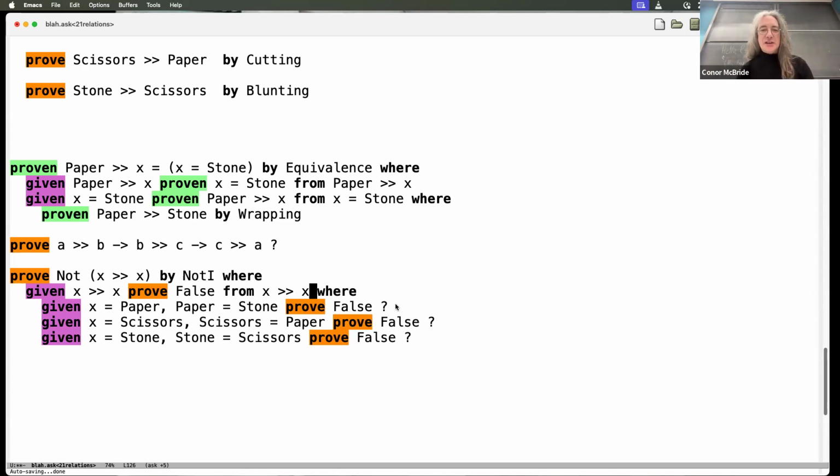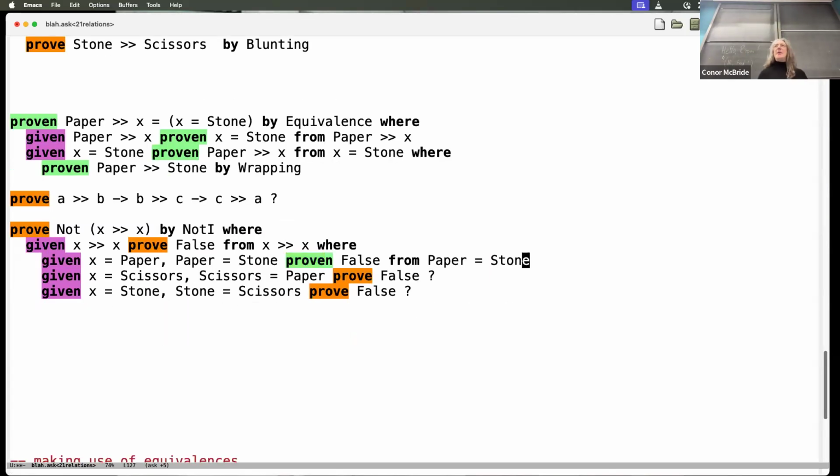And we are entitled to say, hang on a moment. Paper isn't stone, right? So if you're given an equation between two things that are blatantly different, then you can just from it straight away and you will win.